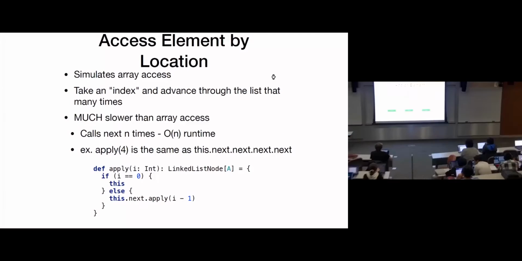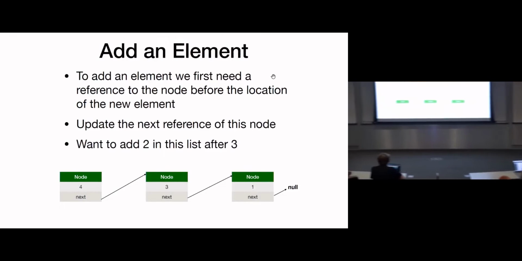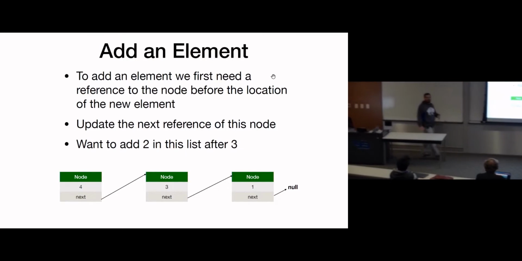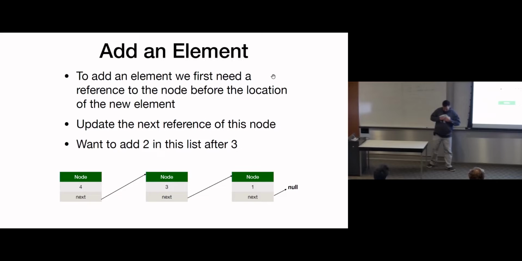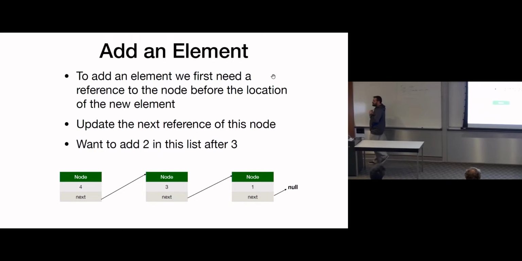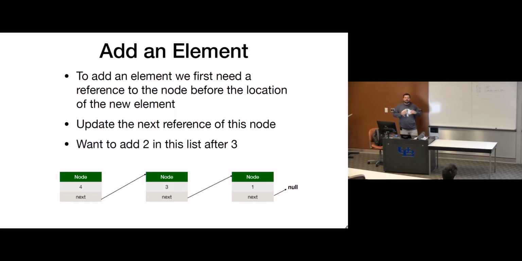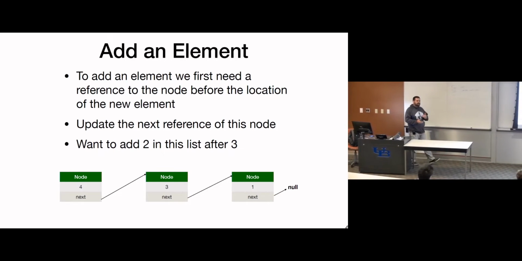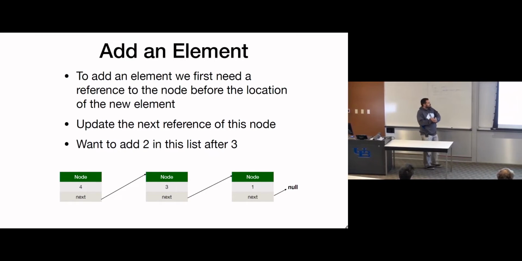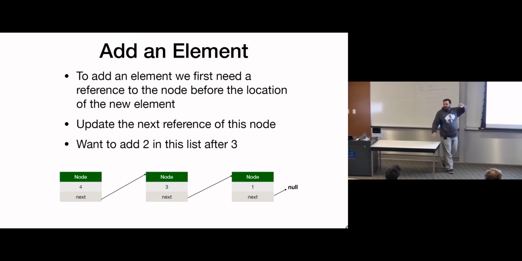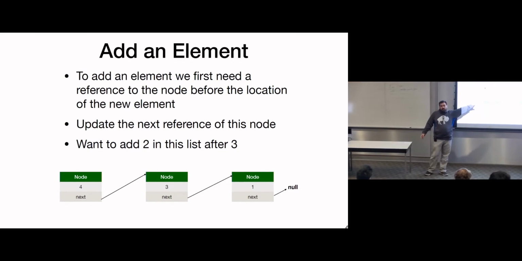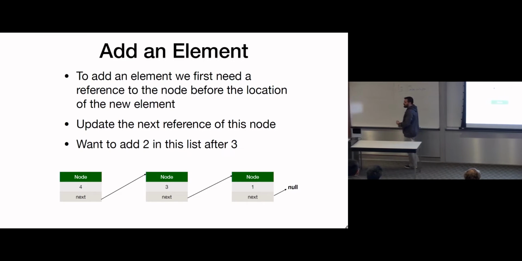All right, so I want to review adding and removing a node just very briefly, but this is where we'll pick up, and I'll just clean up these slides. So adding an element, adding and removing isn't difficult in a linked list. The idea of a linked list is that operations like this are easy. Since these nodes are all over memory, we ask for more memory, put a node there, and then update the references, these next references, to be able to add that element to a list.